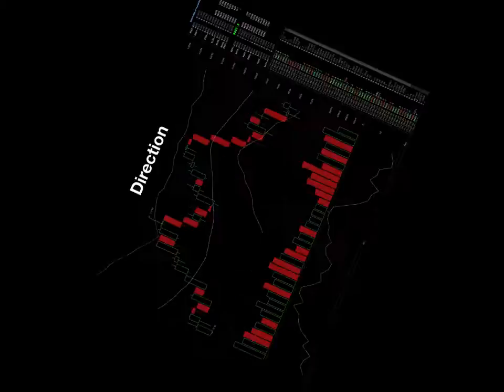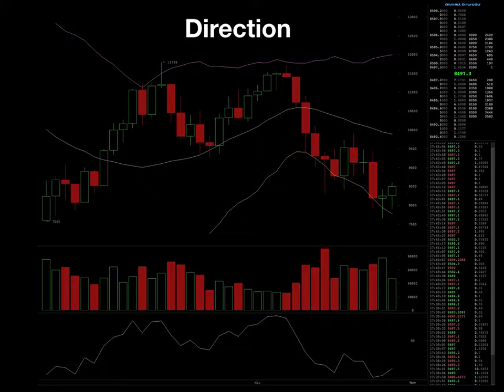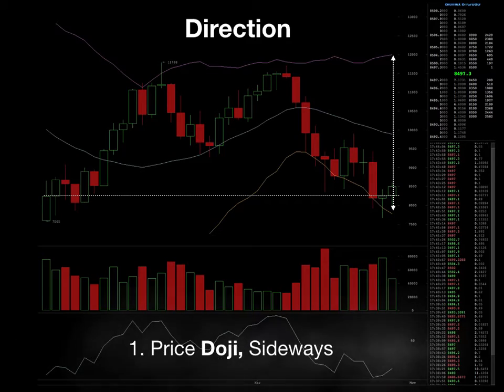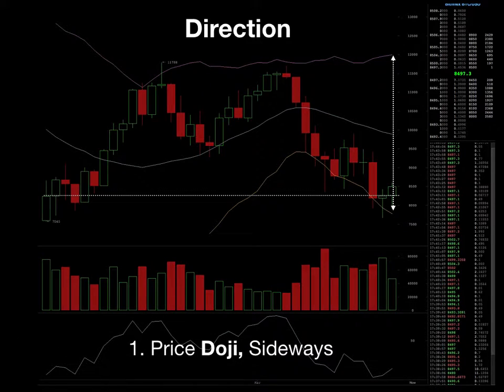Now here's how it works. When I look at a chart, I determine the direction. In this case, it's doji, and I measure the distance between the bands. And I summarize what I've done.